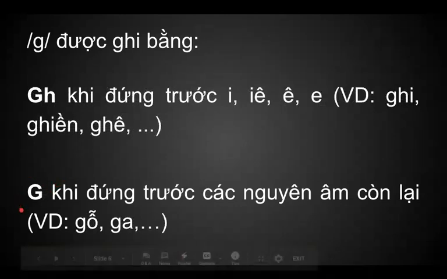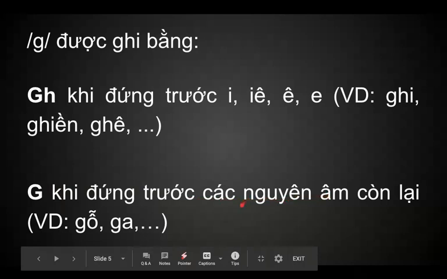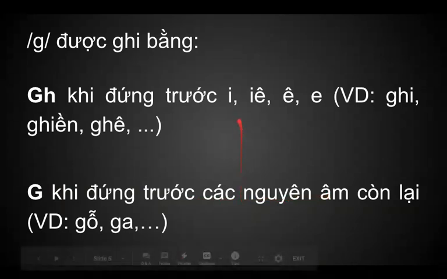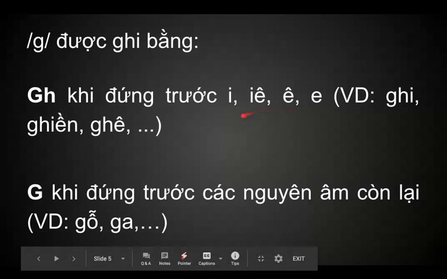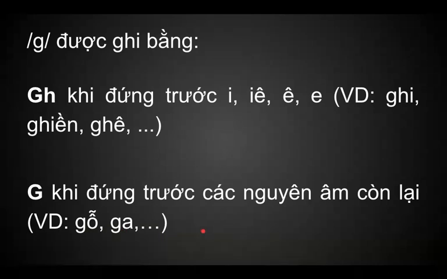We use Z only when it's in front of all the other vowels. So whatever vowels are not here, we use Z only. So gỗ, ga, and so on. Gỗ means wood, and ga means gas, gasoline, what you put in your car.